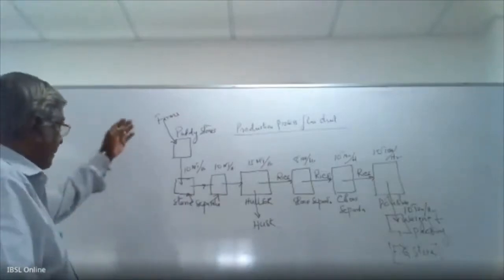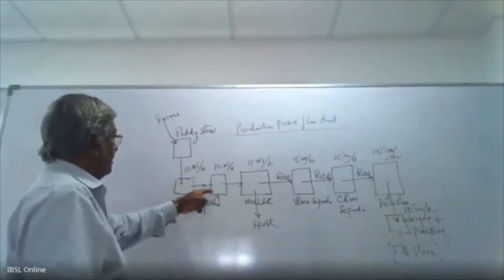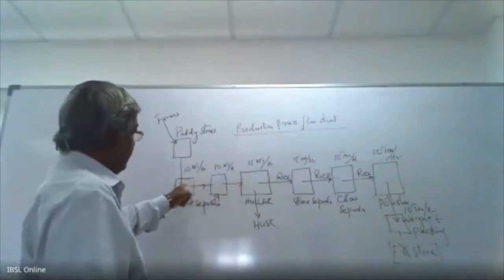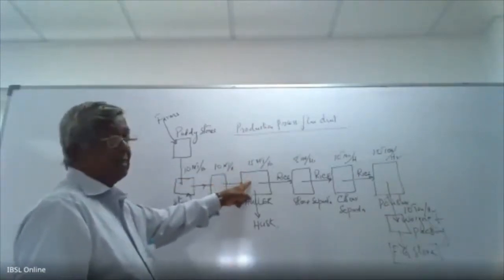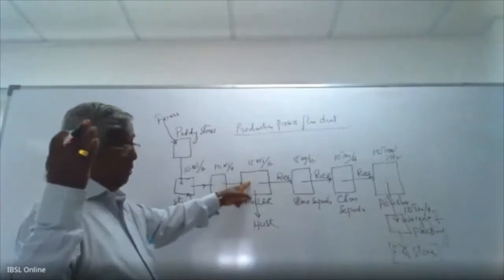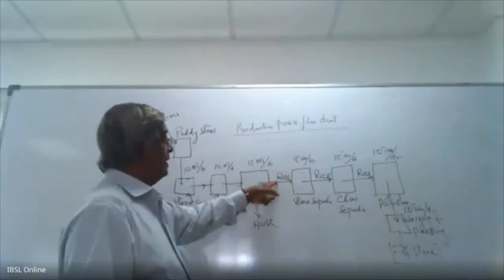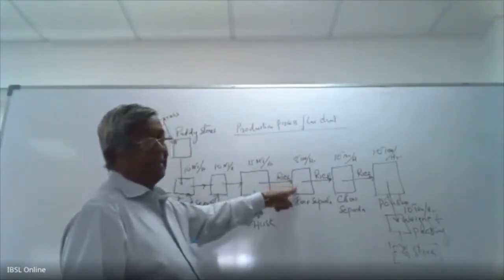Now when we send the paddy from here, 10 metric ton, okay. Here 10 metric ton, okay, it is coming 10 metric ton per hour. So here 15 metric ton is over capacity. Capacity is more. Anyway, only 10 metric ton comes here. So when it comes here, this is 8 ton capacity.